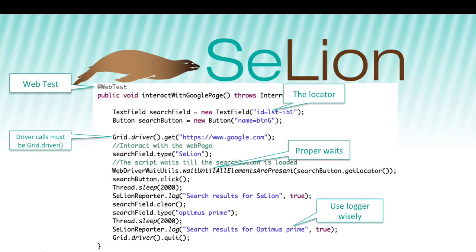The next thing is use the logger wisely. Don't log every piece of information into the logger. Log only the information which you want to see so that it will be helpful for debugging purposes. And finally, use Grid.driver.quit cautiously. When you call quit, it will actually close the browser and it will invalidate the current session.